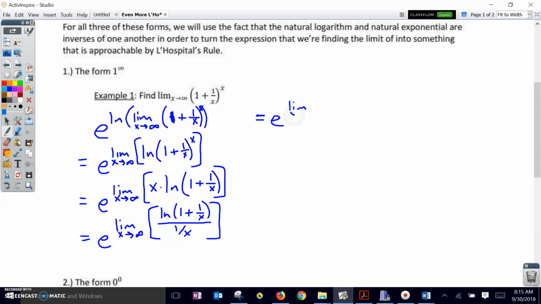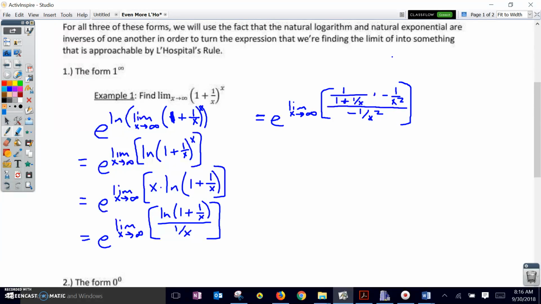Notice that this whole time, this limit is in the exponent of a natural exponential. And so now I'm going to use L'Hopital's rule here. The derivative of the numerator turns into 1 over 1 plus 1 over x times the derivative of the inside using the chain rule, which is negative 1 over x squared, all over the derivative of the denominator, which is negative 1 over x squared.